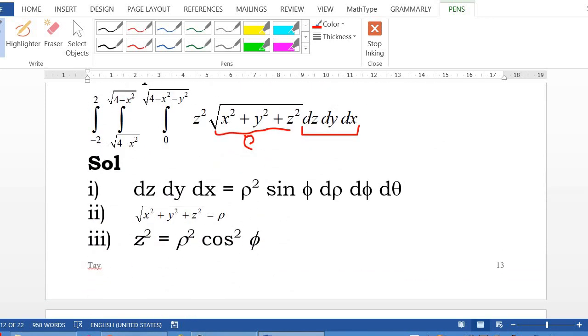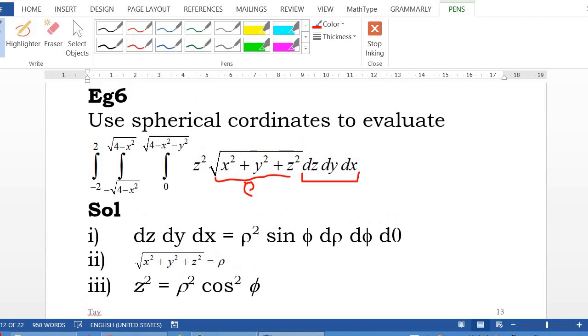Okay, example 6, we have the Cartesian coordinates and we have to change it to spherical coordinates. So to change it, dz dy dx become rho squared sin phi d rho d phi d theta. x squared plus y squared plus z squared will be rho squared. Taking the square root, it becomes rho. z squared will be rho squared cos squared phi.